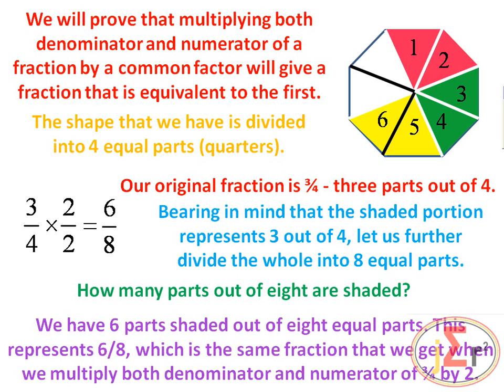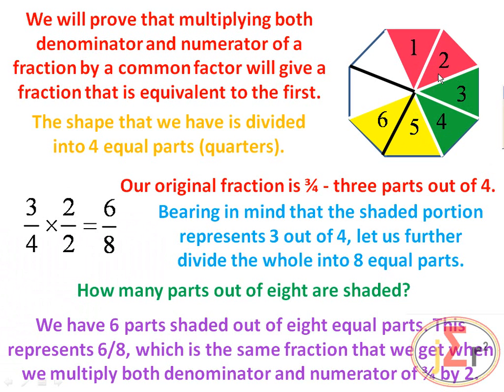So we are showing here that if we do the calculation, the equivalent fraction is 6/8. And if we use physical subdivisions, the result will be what? 6 parts shaded out of a total of 8 equal parts.